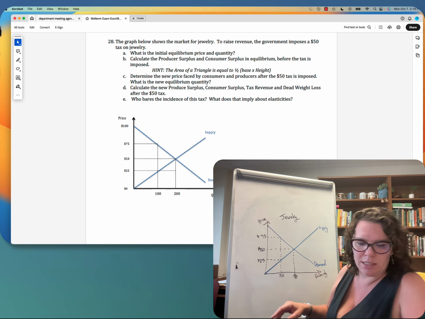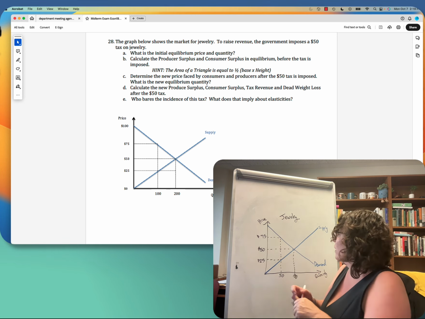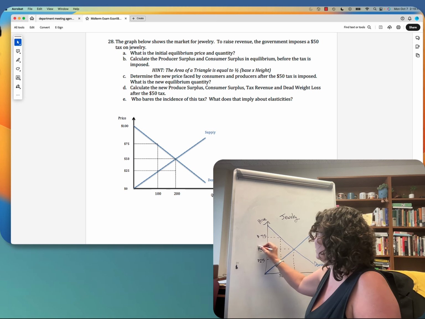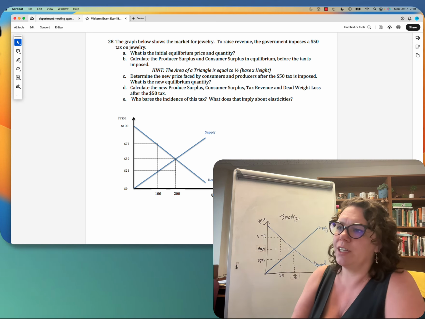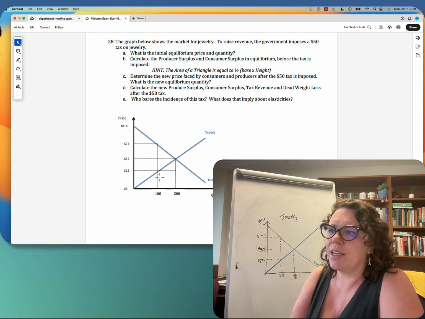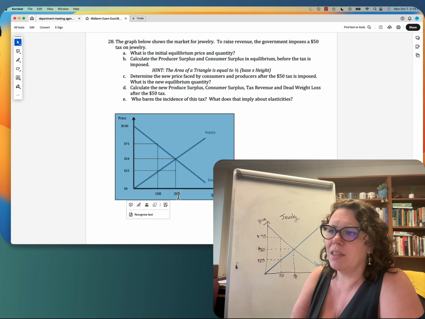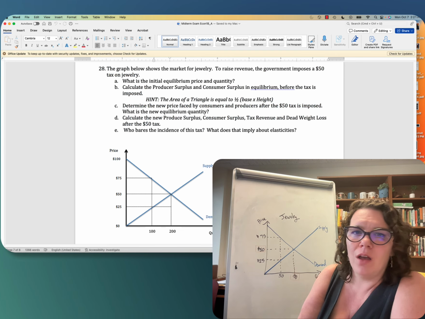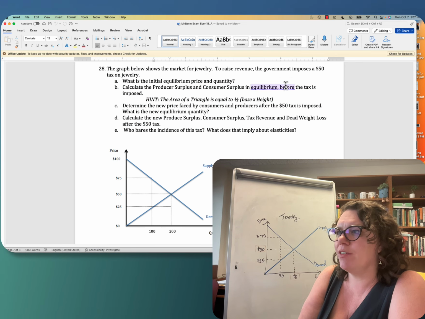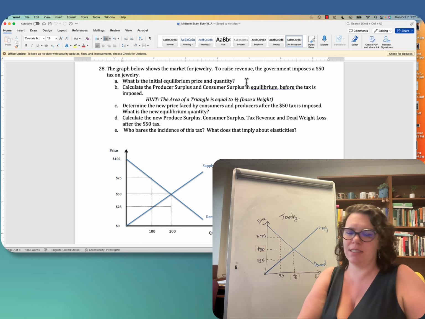In this case, the equilibrium price is $50, and the equilibrium quantity is 100. Over here, the equilibrium price is $50, but the equilibrium quantity is 200. So far, so good? Okay, so we've got our equilibria in both cases.